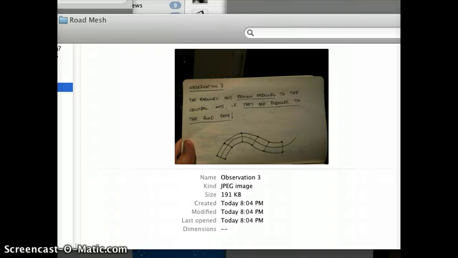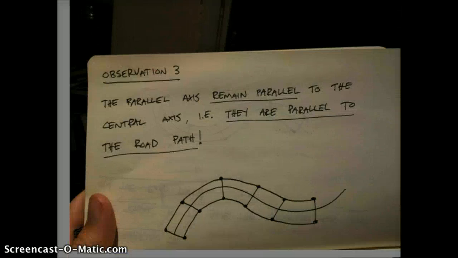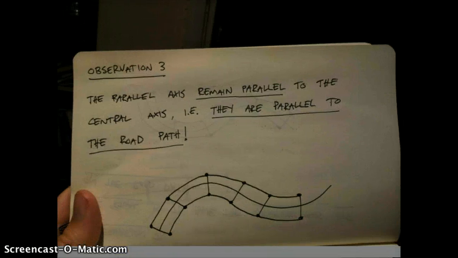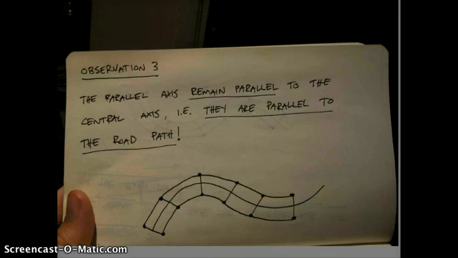The parallel axes remain parallel. Where are we going? Does this make sense to you? Or does this just seem intuitive but it's not that clear? The parallel axes remain parallel to the central axis in bending.